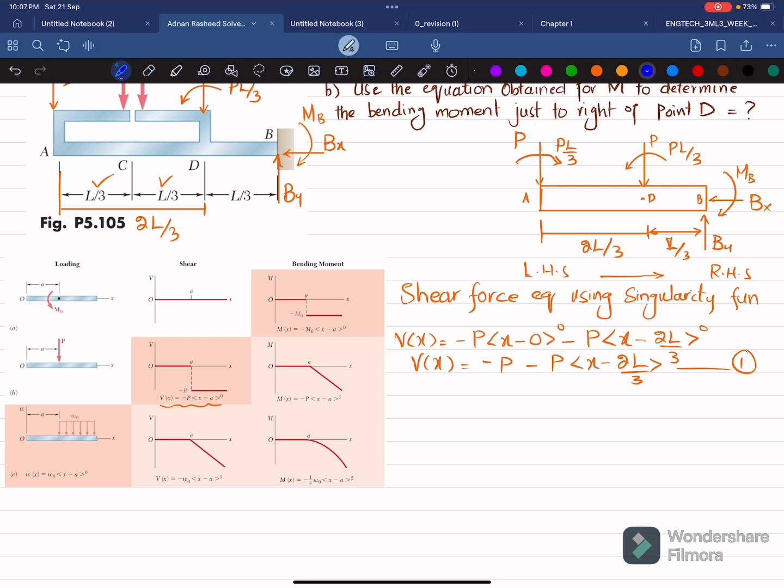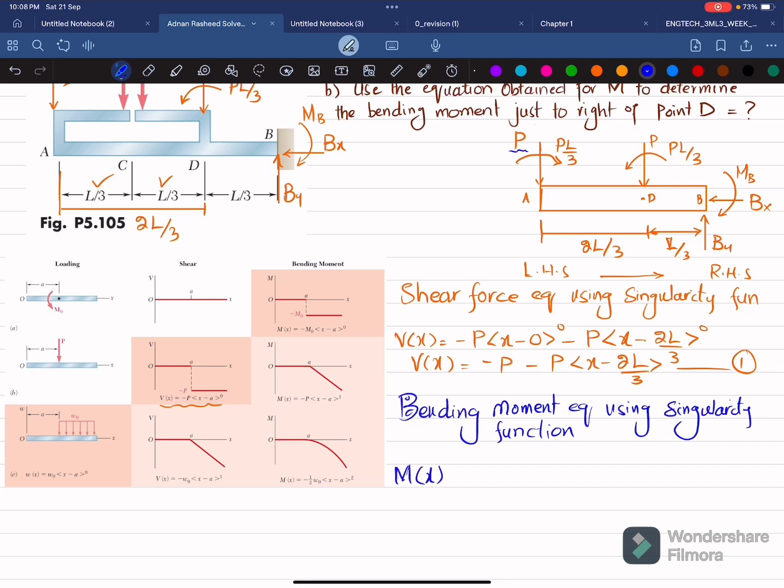Now what I will do is find the bending moment equation using singularity function. For that I can write M of x, starting with this load P. So the bending moment equation will be this one.